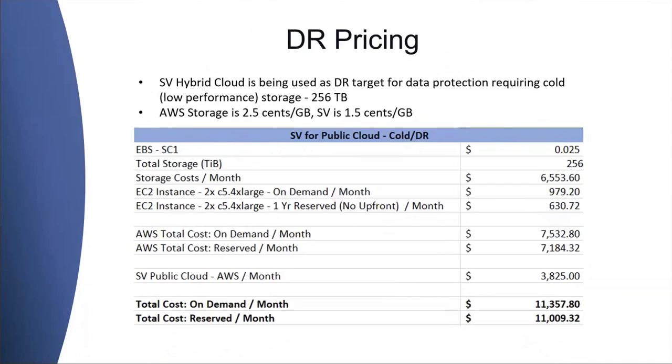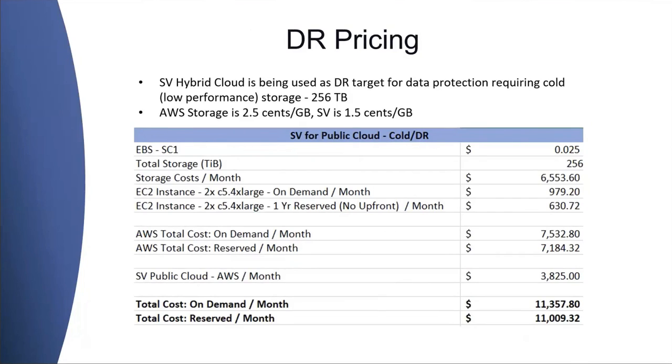And the last one, from a DR pricing perspective, this would be quote unquote slower storage because you don't need it unless you have a true disaster, which you can then elevate. This further reduces your cost down to about 11 grand a month. Same 256 terabytes, all in colder SC1 storage in AWS, reducing your overall footprint.